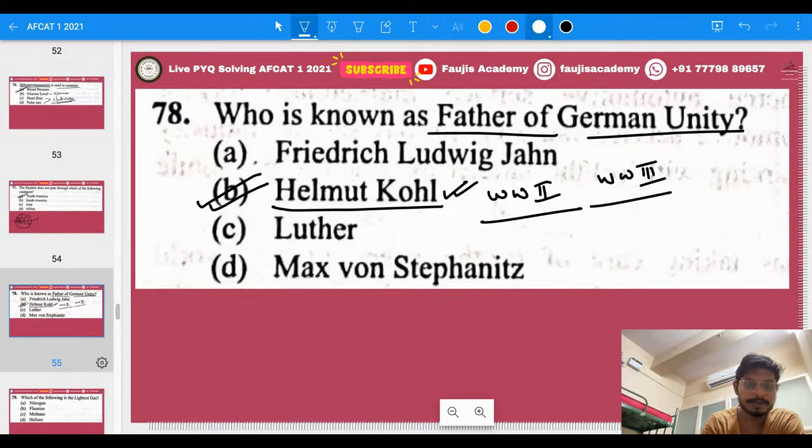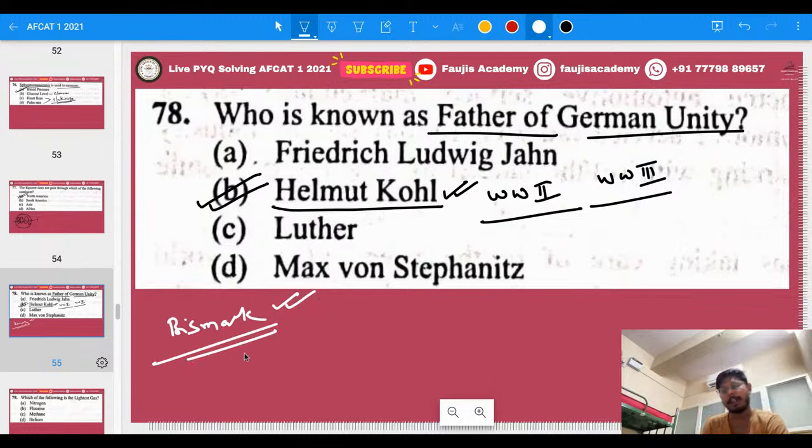One moment, I tell you, father of German unity. So yeah, Bismarck. This is another leader over there, Bismarck, who was a very, very prominent leader of Germany.